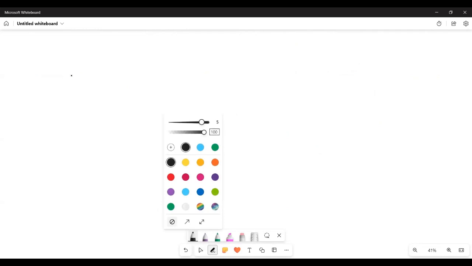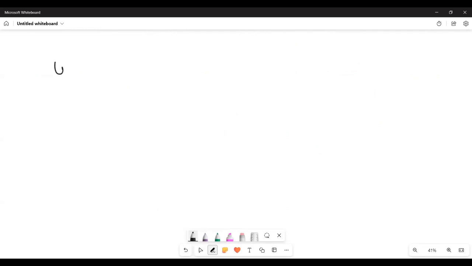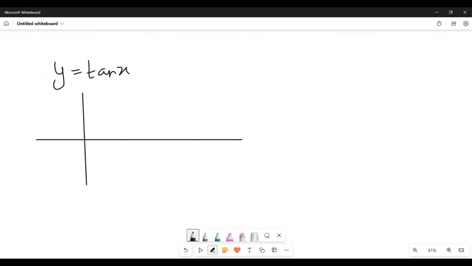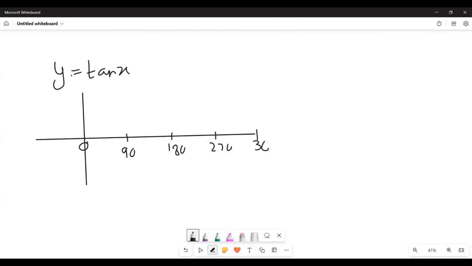Now let's discuss tan x. Y equals tan x. Tan is quite different from sine and cos. Mark 0, 90, 180, 270, 360 degrees.